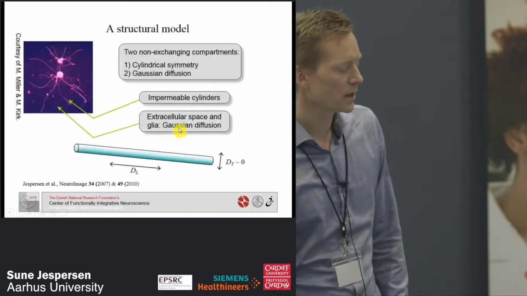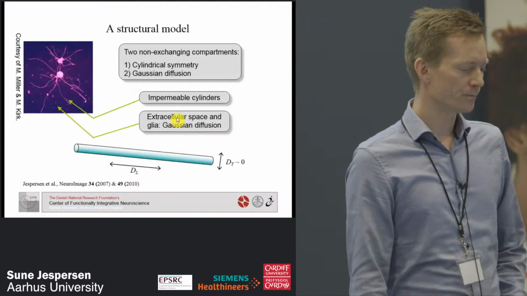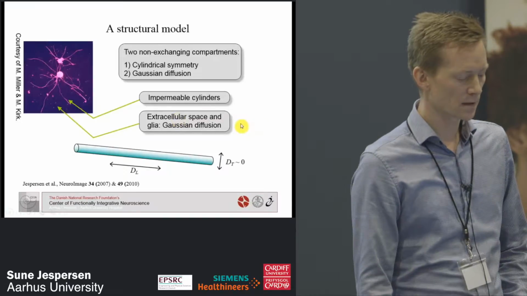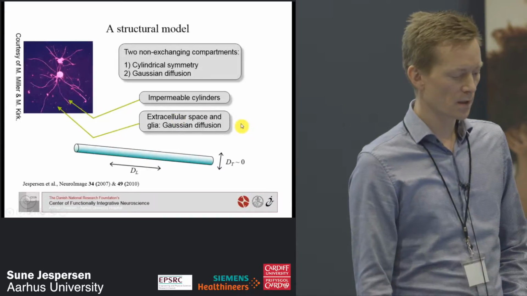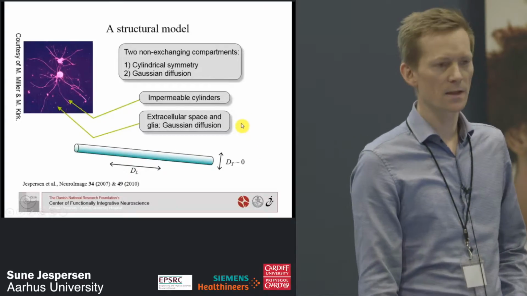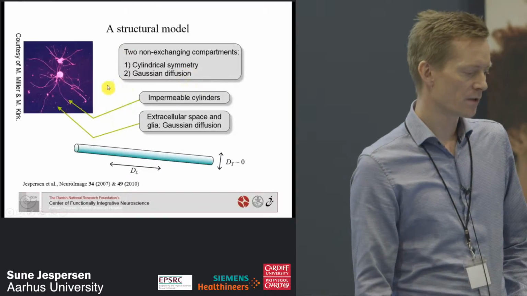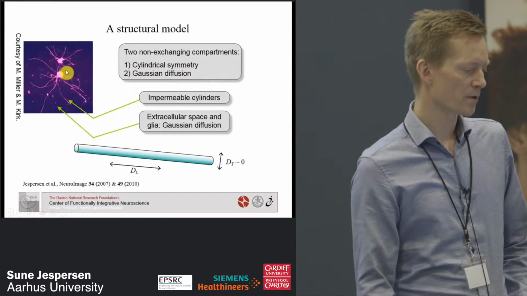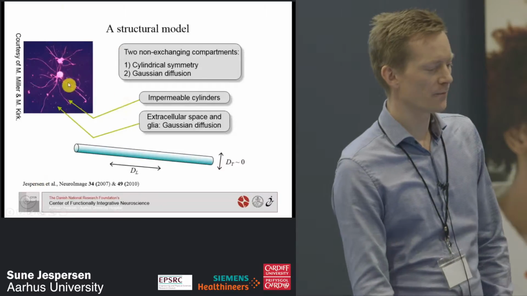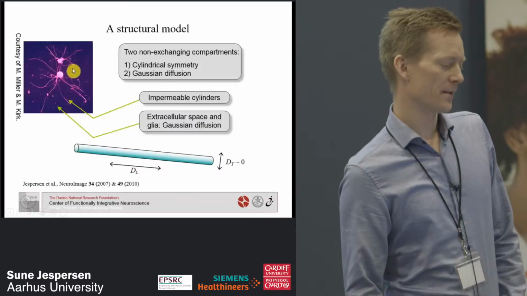So this model, the Neurite diffusion model, was developed during a research stay at St. Louis, Washington University, with Dmitry Yablonsky and Alex Substansky and Chris Kroenke. And the idea was that one of the characteristic features you see when you look at microscopic images of neurons are, of course, the dendrites and the axons, collectively known as the neurites.